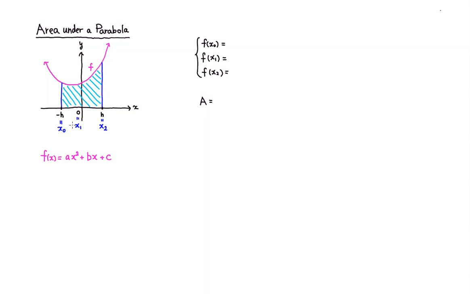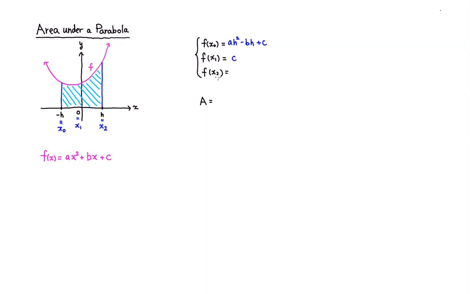All you have to do is plug in. So x is negative h. If you plug it in, you have a h squared, and with negative h there, it's going to be a negative bh, and then you have the plus constant c. f of x1 is the middle guy, which is 0, so 0 plus 0 plus c, I'm just going to put c here.